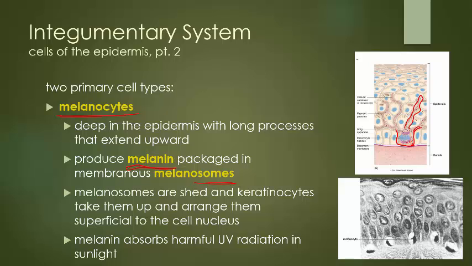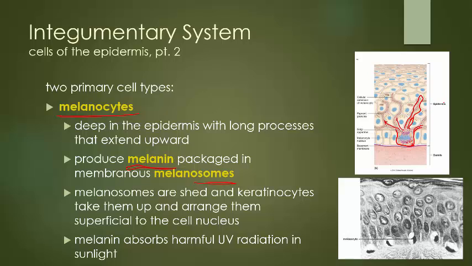It sends them out up into these long processes that go up into the skin, and it sheds these, I can barely say it either, these melanosomes. It sheds them off, and directly, the keratinocytes just pick up the melanin packages.